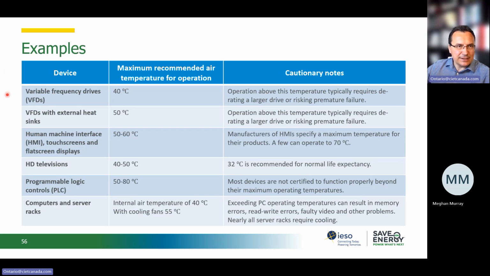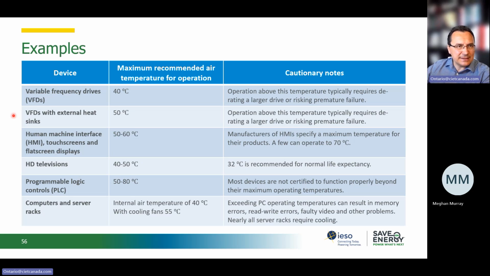Examples here of what would be the recommended temperature range by manufacturers. VFDs, very popular devices in our buildings, where we try to modulate the output of the fans or pumps. Typically, they are designed to operate properly for temperatures up to 40 degrees Celsius.